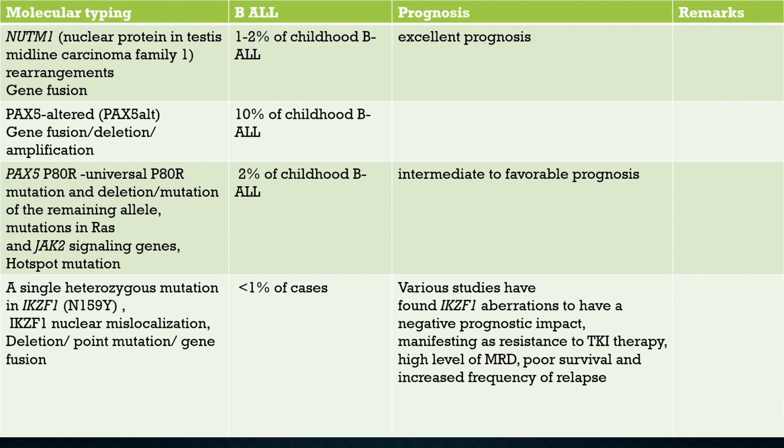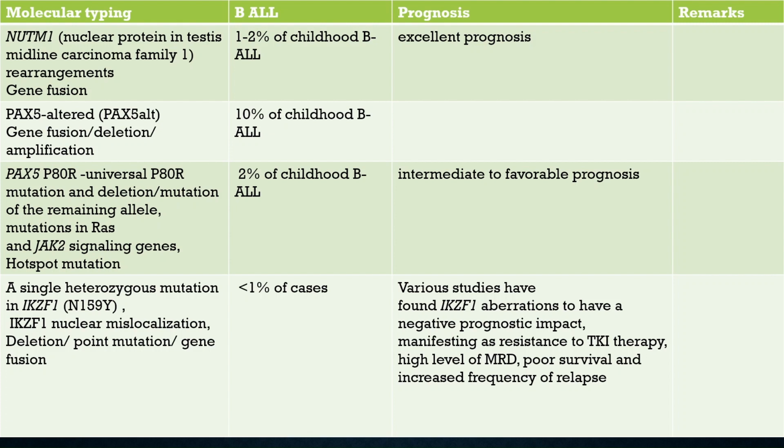It is seen in 10% of childhood BALL. PAX5 P80R. The universal P80R mutation and deletion or mutation of remaining allele, mutation in RAS and JAK2 signaling genes and hotspot mutations, these all are seen in this type of BALL. It is seen in 2% of childhood BALL. It has an intermediate to favorable prognosis.